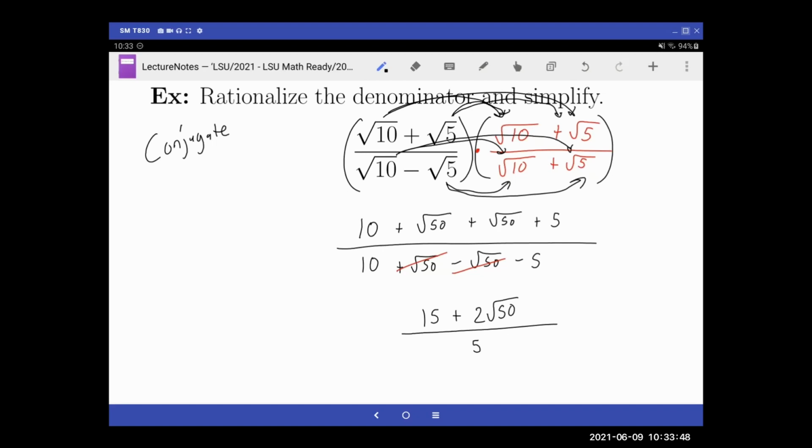Okay, and now I want to see if I can break down the square root of 50. That's not too hard. Square root of 50 is the same thing as the square root of 25 times 2. Square root of 25 is 5. So 5 square root of 2 is the square root of 50.